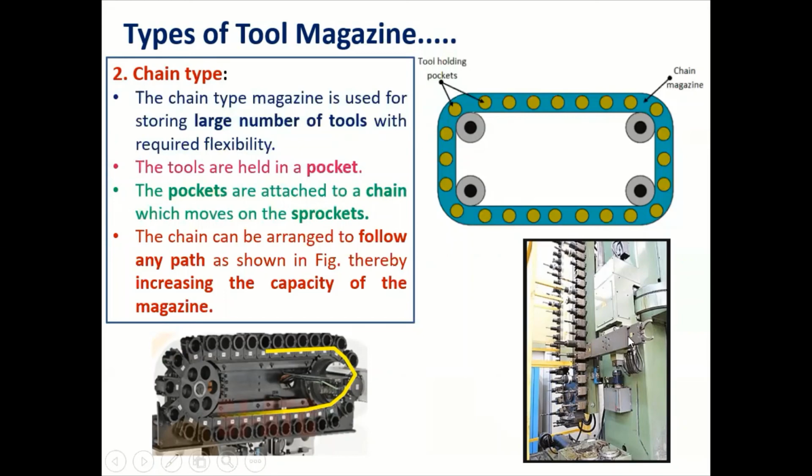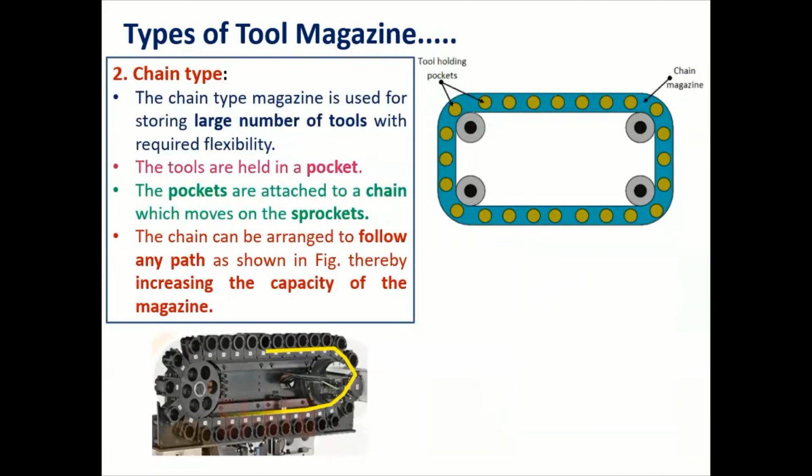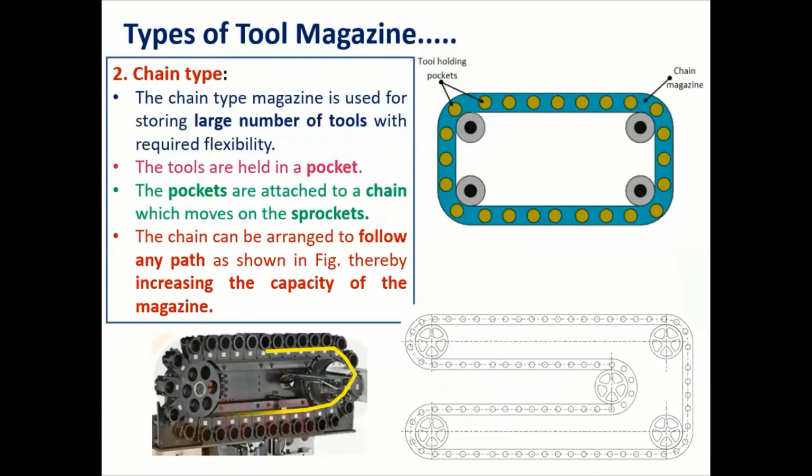This is a tool changer, which we can use for locating the other tools. According to the requirement or the flow, we can arrange the chain type of tool magazines. That is the biggest advantage of this.